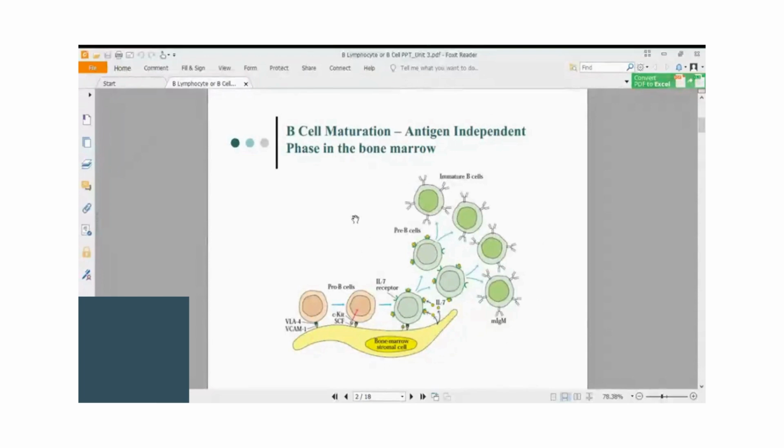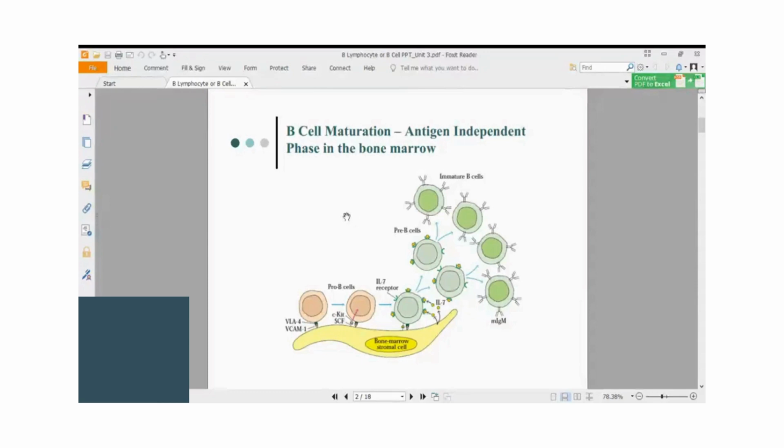But for the time being, keep in mind that those lymphocytic lineage cells which express CD45 on their surface will remain in bone marrow to undergo further maturation to give rise to B lymphocytes.